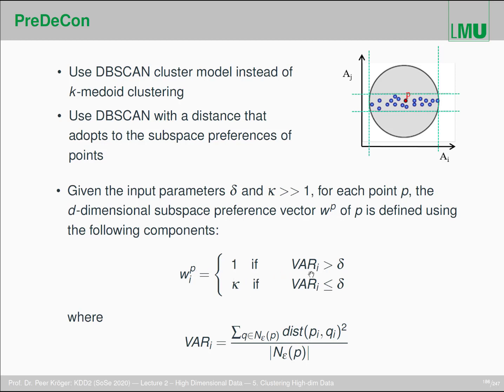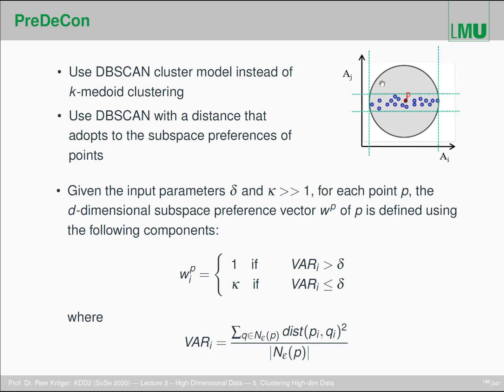So if the variance along a feature in the epsilon neighborhood of the point is greater than this delta, then the preference vector is set to 1. And if it's smaller than the delta, it's set to kappa. So what does it mean? Well, if you take a look at this image here, you have the point and the epsilon neighborhood.